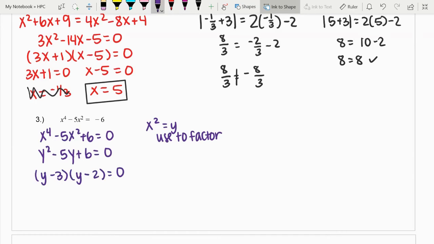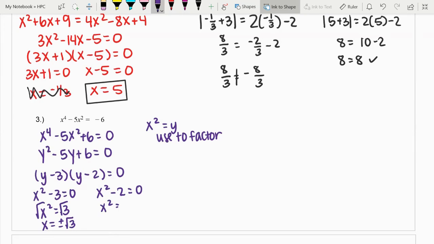Now, once I'm here, I'm actually going to substitute back to get our answers. So I have x squared minus 3 equals 0, and then x squared minus 2 equals 0. So I have x squared is equal to positive 3. So x is going to equal plus or minus the square root of 3, because I took the square root of both sides.